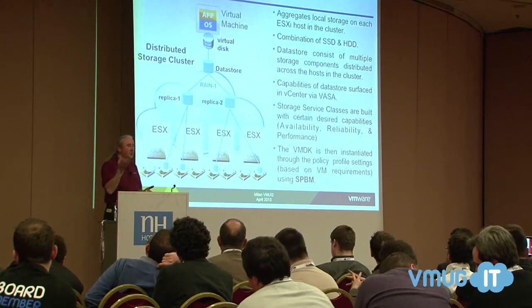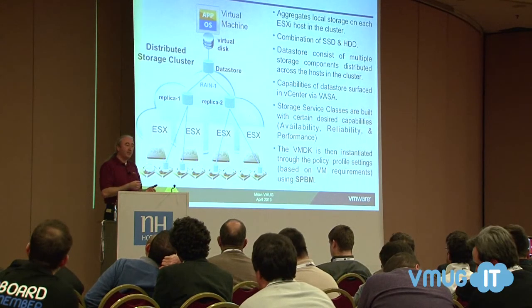So I'll talk a little bit about the storage service classes. This is really just a new name for profiles. So as I said, when you instantiate a virtual machine on vSAN, you will first of all be creating profiles or storage service classes. I don't know why they made the name change, but they did. But it's essentially profile-driven storage, as we know from vSphere 5.